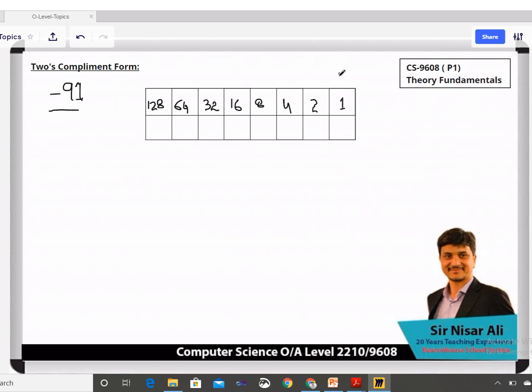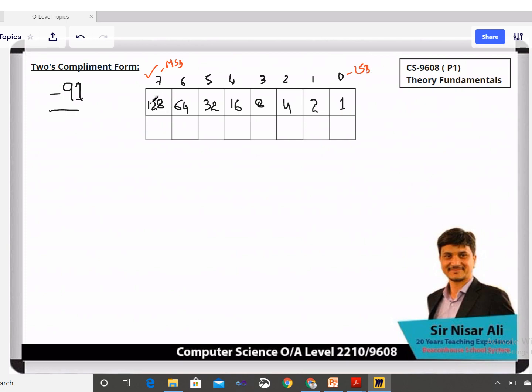These are your bit positions 0, 1, 2, 3, 4, 5, 6 and 7. For dealing with negative numbers, the important thing is that we use the 7th bit, which is the most significant bit and has more value, and this is the least significant bit, which has less value.